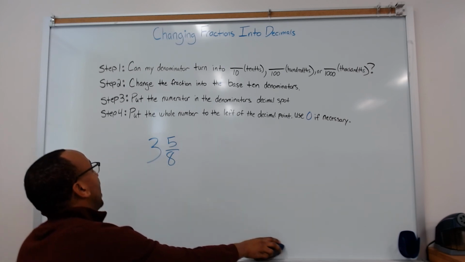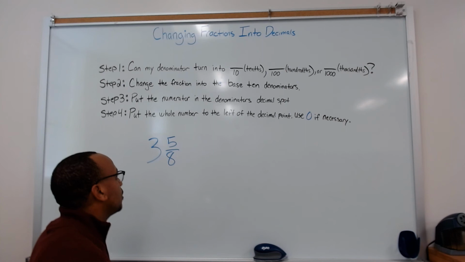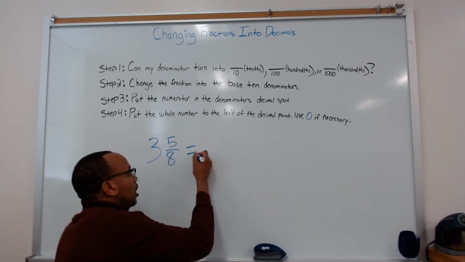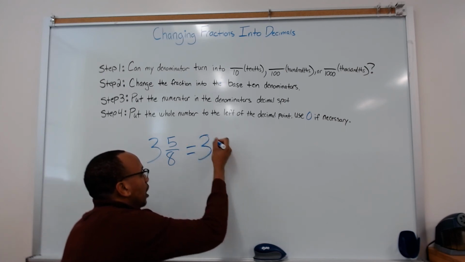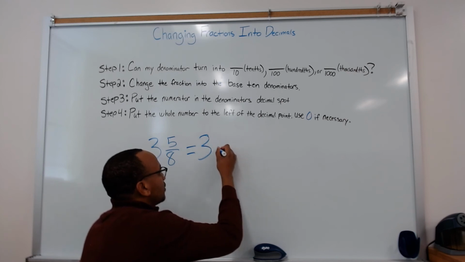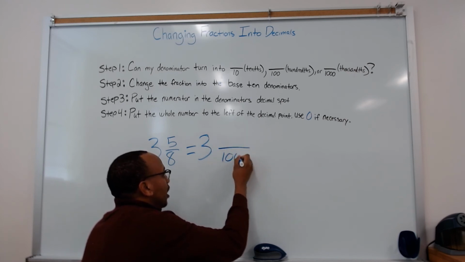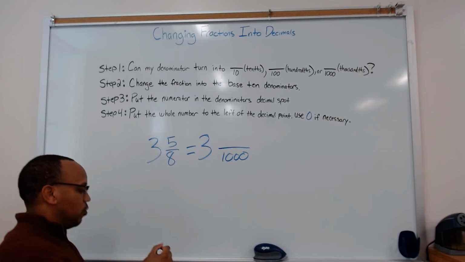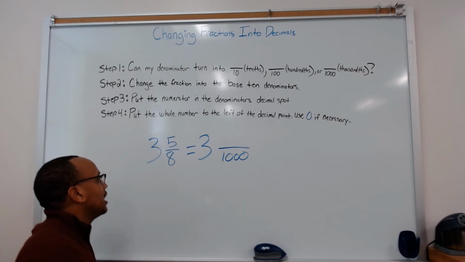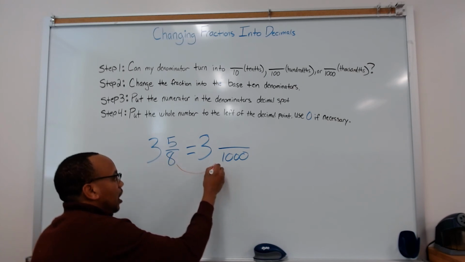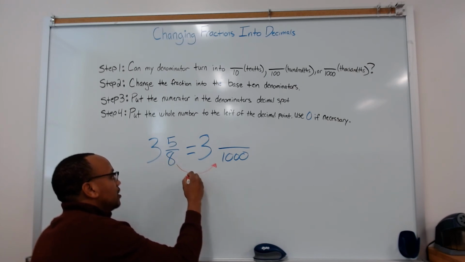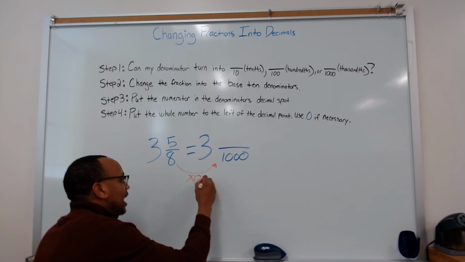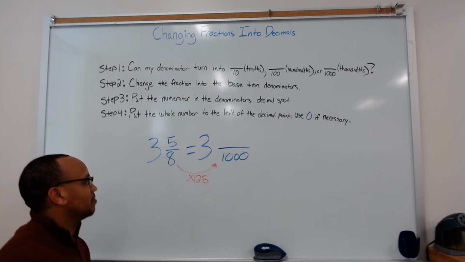Step 2, I'm going to actually change the fraction into thousandths. It's going to be 3 and something over 1,000. All right? Well, 8 times 125 is 1,000. Right?